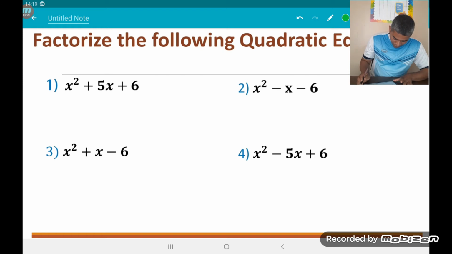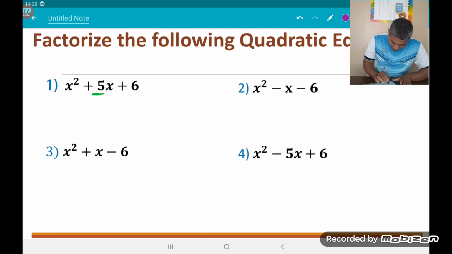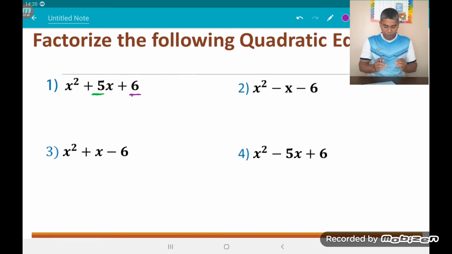In this one, let us look at the first problem, that is x square plus 5x plus 6. What is the coefficient of x? The coefficient of x is 5. What is the constant term? The constant term is 6. We have to look at the sign, that is positive 5 and positive 6.